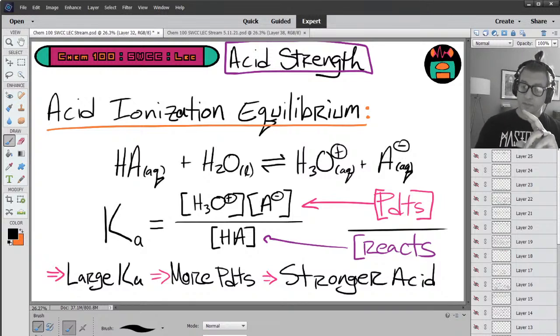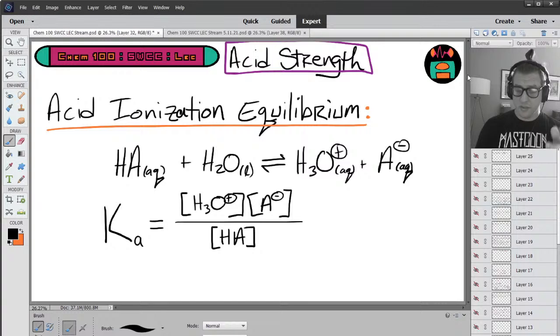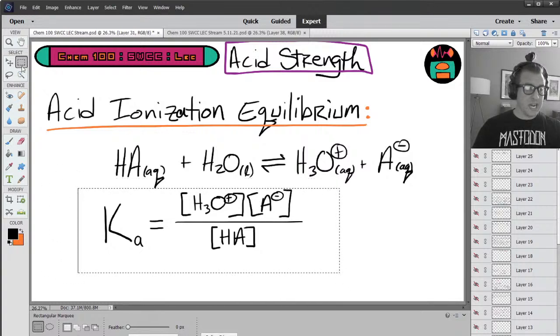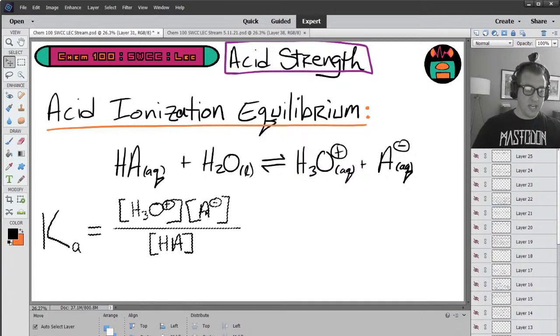Now, as I mentioned, the values for Kas have a very wide dynamic range. To mitigate this, they do the same thing with Kas that they did with pHs. We don't use the actual values for our Kas all that much.